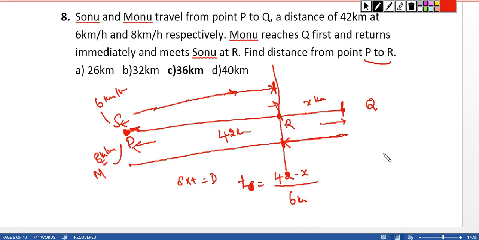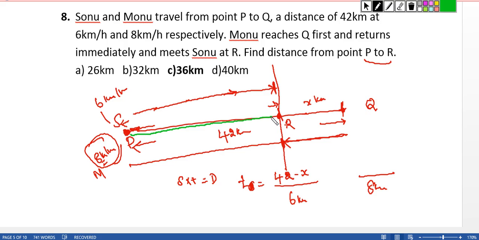Okay, and what's the time taken by Monu? How much distance has he covered? So see, this Monu guy is traveling at 8 km per hour. And what does he do? He travels the entire 42 km and he comes back. Let me change the ink color. What does our Monu do?